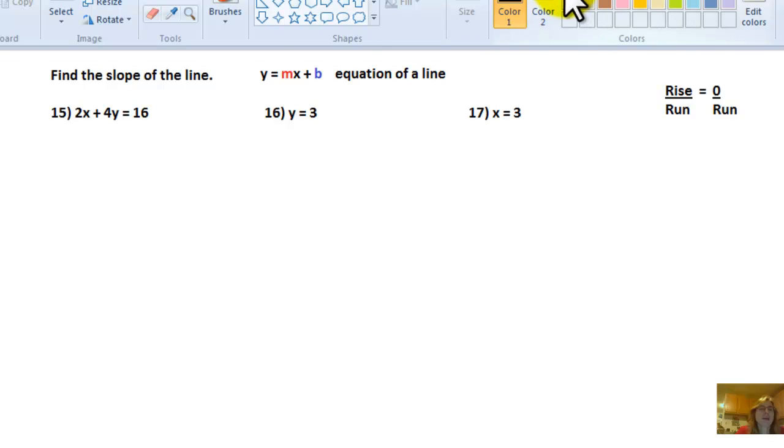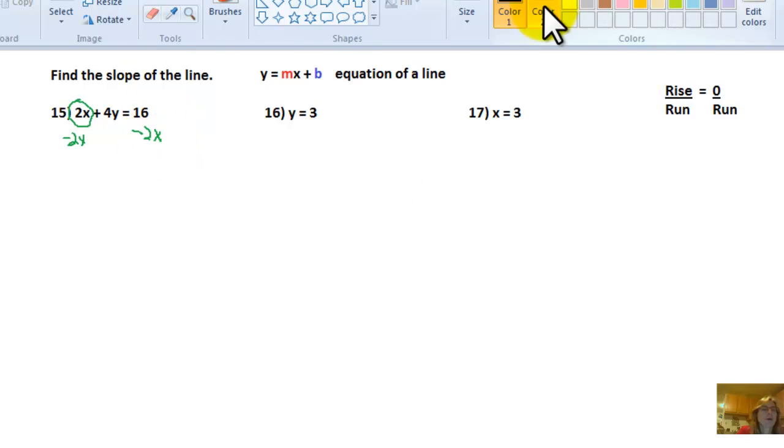First, we're going to subtract this entire thing from both sides of the equation. So that would be minus 2x, and this would be minus 2x from this side.